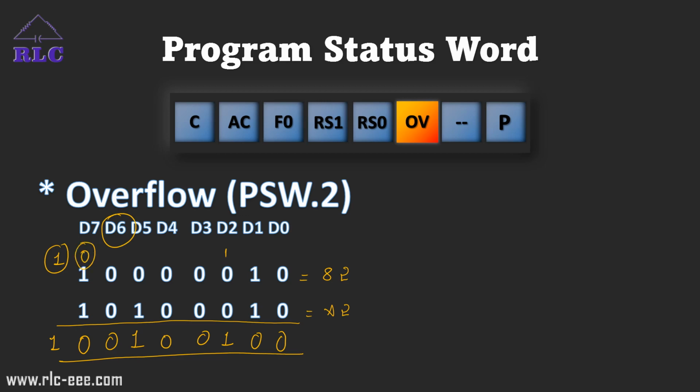From the 7th bit, the carry generated is 1. If we perform the XOR operation of these two bits, overflow is equal to 1. We'll see one more example.